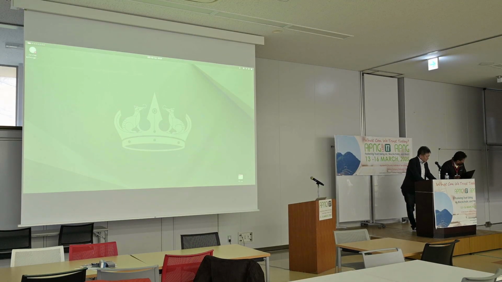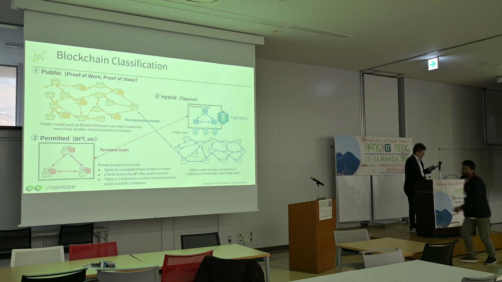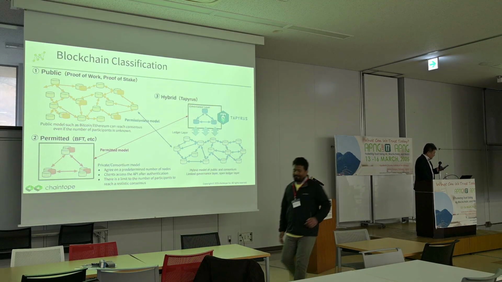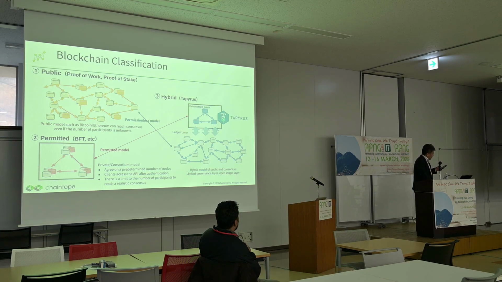Let us first consider the governance issue. Let's look at the classification of blockchains. The first is a completely public blockchain such as Bitcoin and Ethereum. This blockchain can reach consensus even if the number of participants is unknown.